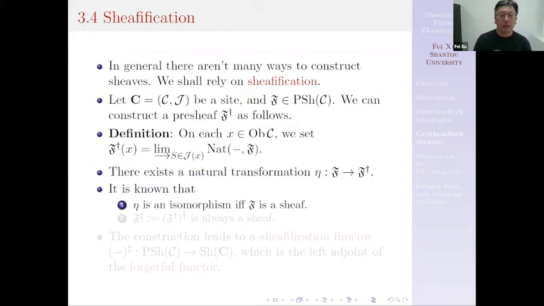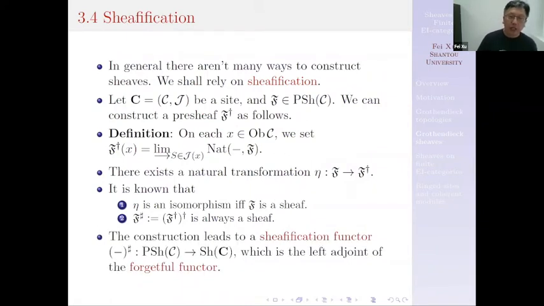It is well known that beta is an isomorphism if and only if F is a sheaf. And moreover, for any presheaf, if you do this twice at most, then you're going to get a sheaf. So this is what we're going to do next.